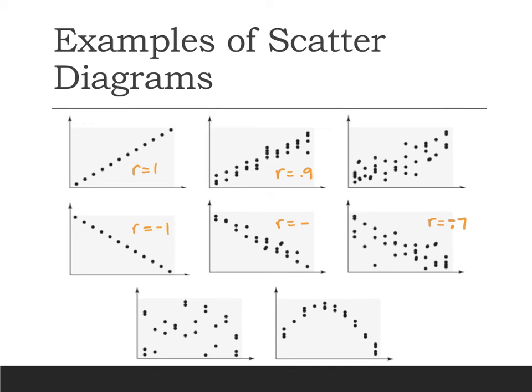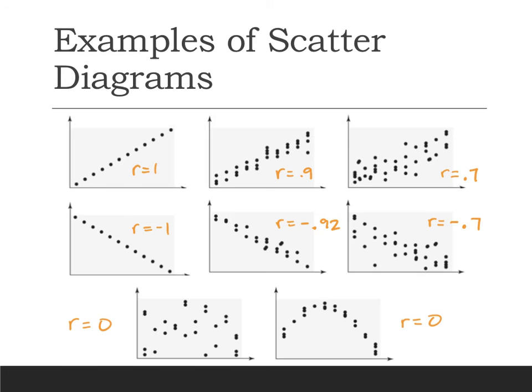So this should be negative 0.9, negative 0.93, and this one should be negative 0.7. And then this, right above this graph, we might say is probably close to 0.7 as well, but positive. Now our bottom row has two graphs where the R values would both be really close to 0, likely.